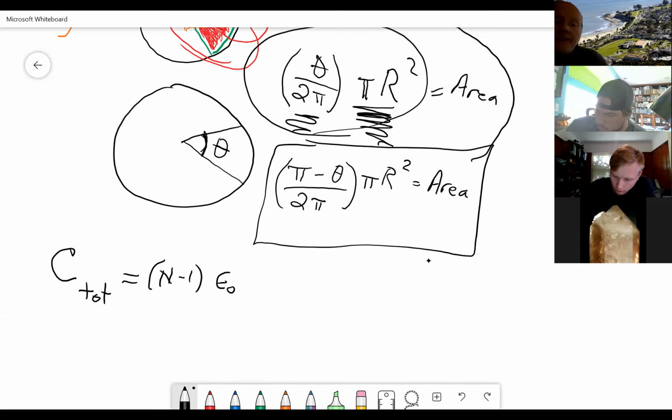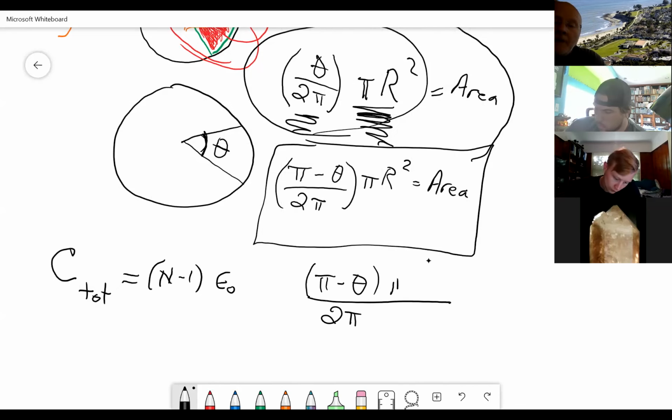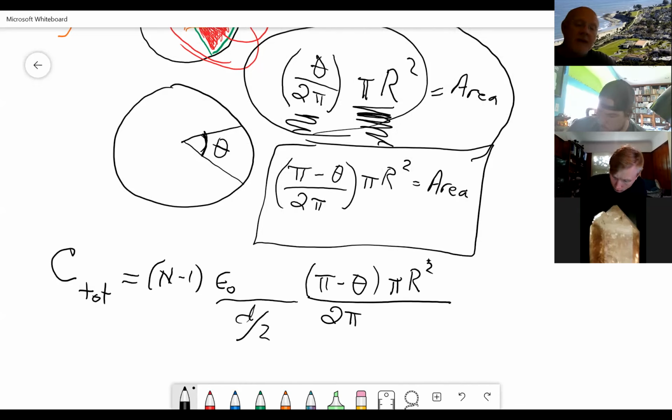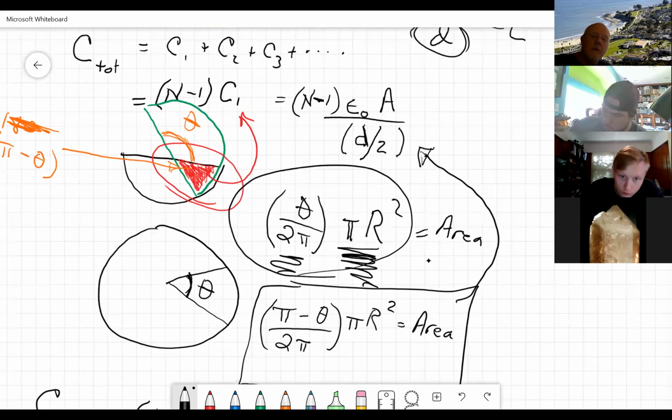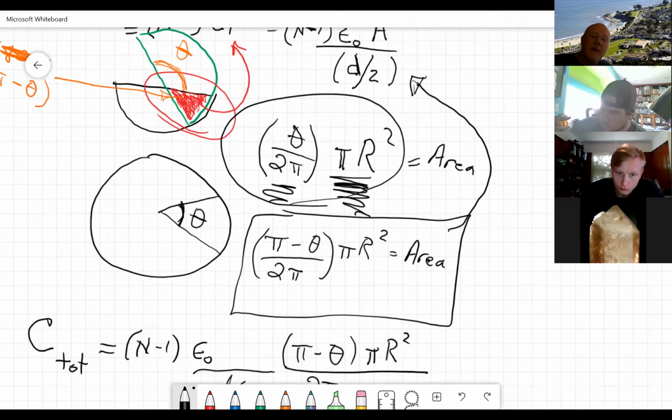Now the area, I'll put way over here. This would be pi minus theta over 2 pi over a pi r squared. So there's the area. And the distance I'll put here. This is, well, I was going to do something and simplify it, but I'll do that on the next step. And so that's a d over 2. D over 2, yeah. Okay.